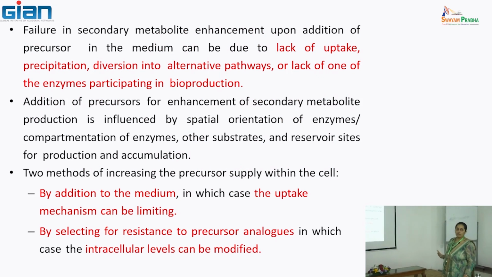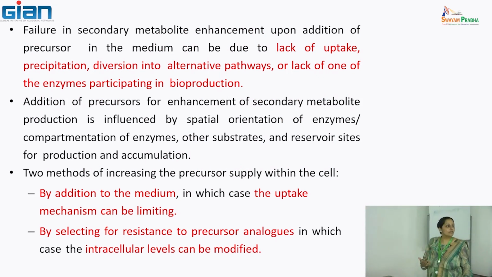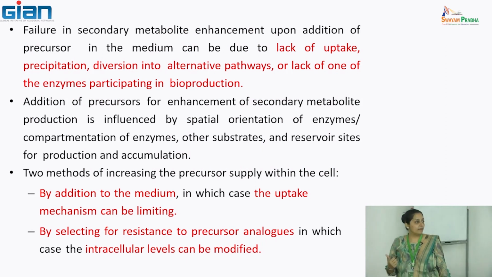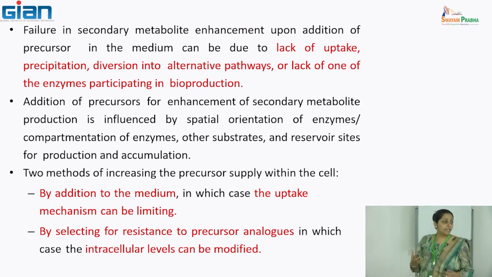Now, failure of these strategies can be because of a number of reasons. As I was mentioning, it can be a lack of uptake, precipitation, diversion into alternative pathways, or lack of one or more of the enzymes in the bioproduction.